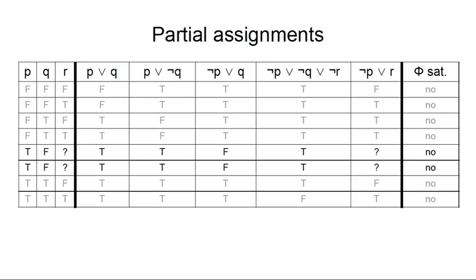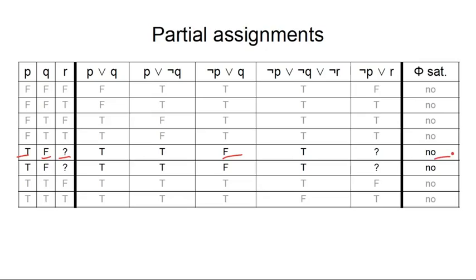Observe here that sometimes we don't need to look at a complete truth assignment before we determine that phi is not satisfied. For example, if we look at an incomplete assignment here with P being true, Q being false, and R unknown, we can already tell that the sentence not P or Q is false and that phi is not satisfied.